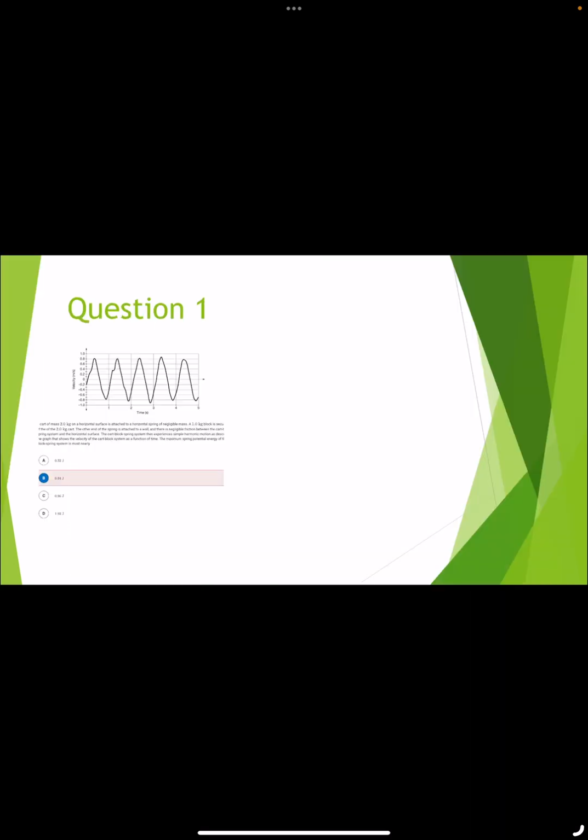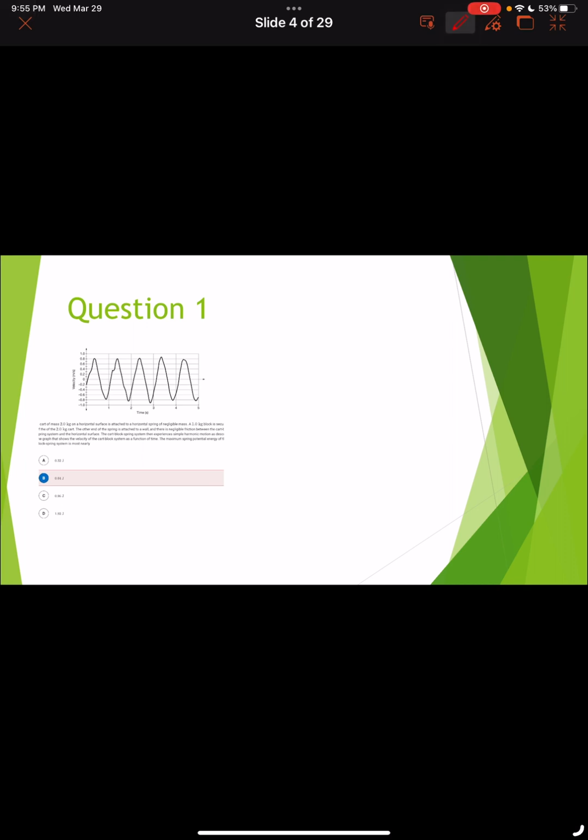The next question I got wrong was question 1 of the multiple choice. The reason that I got this question wrong is because I didn't add the masses of the cart and the block. Since it is a 2 kilogram cart plus a 1 kilogram block, the equation would be (2 plus 1) times 0.8 squared, which is equal to the kinetic energy, which will also be equal to the potential energy of the system.